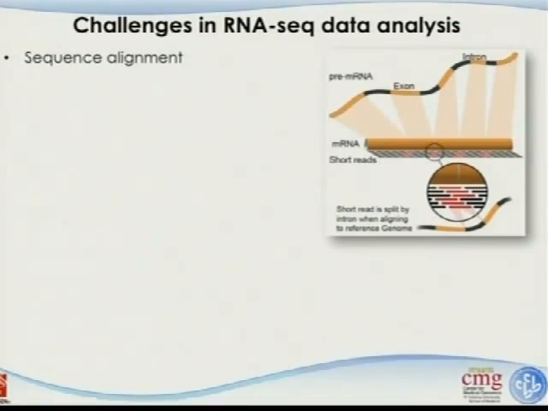For RNA sequencing, the biology is interesting and straightforward, but the analysis part is not. There are a couple of challenges in RNA sequencing data analysis. The first one is sequence alignment. We spent almost an hour and a half talking about alignment in lecture 2, but none of it was RNA sequencing alignment. So what's unique about RNA sequencing? Let's say this is the DNA, and these are the exon regions. There are a lot of intronic regions, okay?